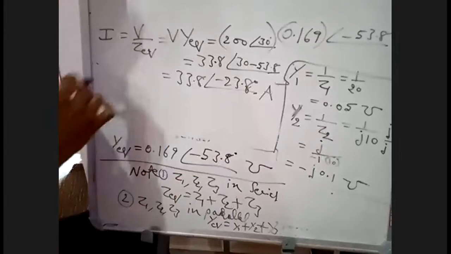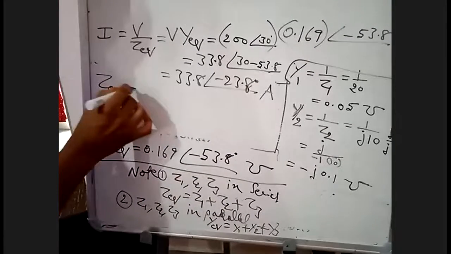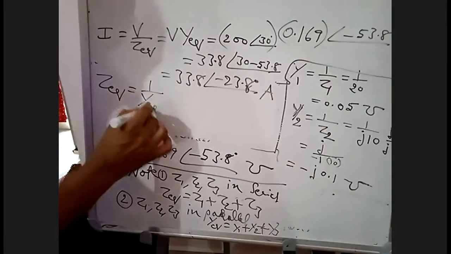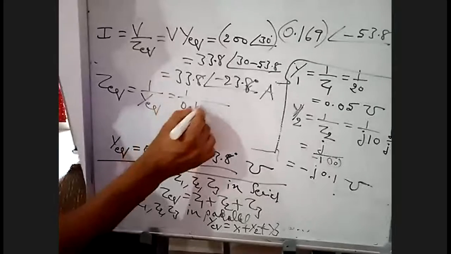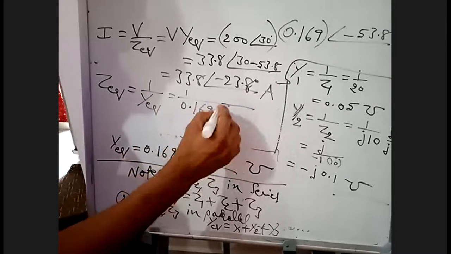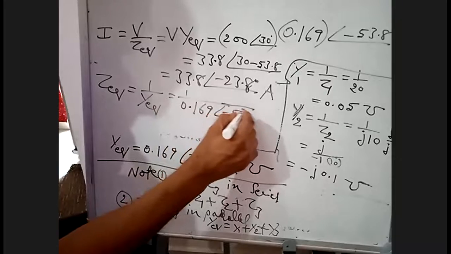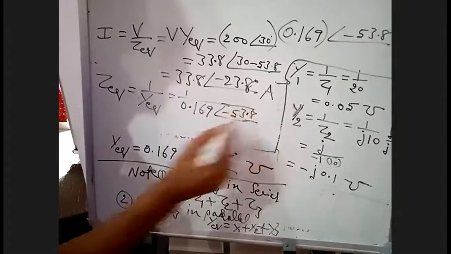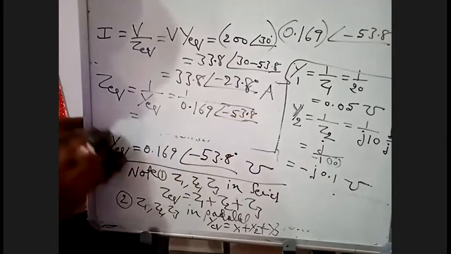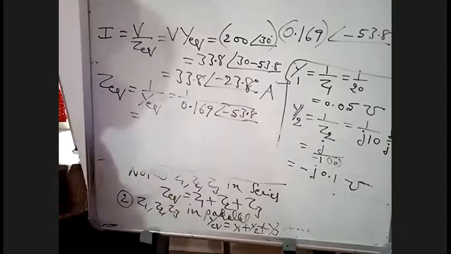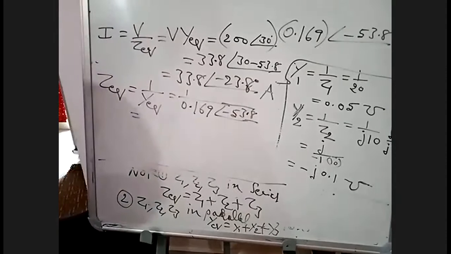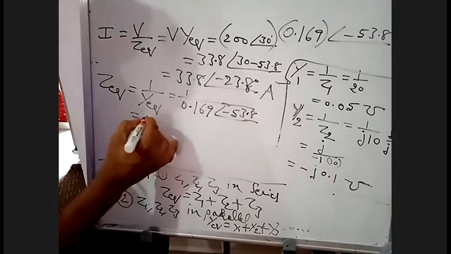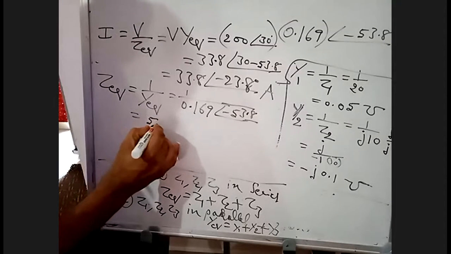Now he is asking to calculate Z equivalent. Z equivalent is 1 by Y equivalent, 1 by 0.169 at an angle minus 53.8. Your value is 5.9.